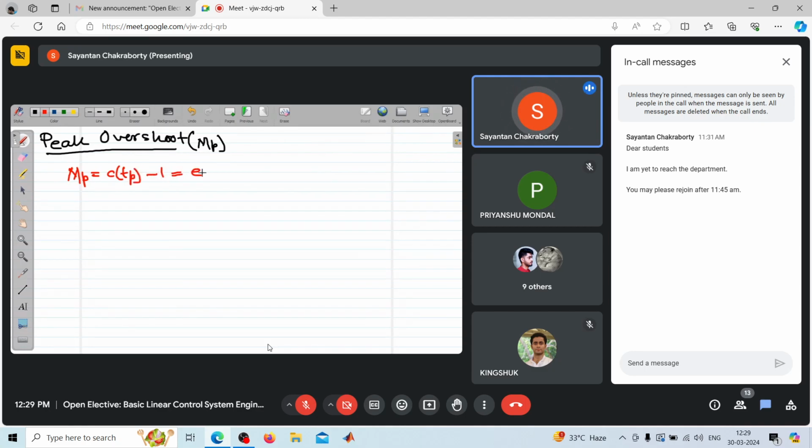So it will come out to be e to the power minus zeta omega n, and the first overshoot means pi by omega d.